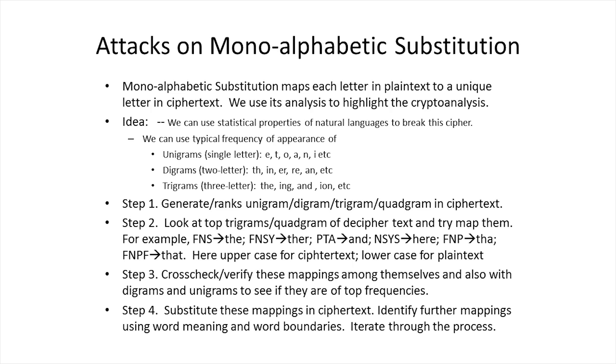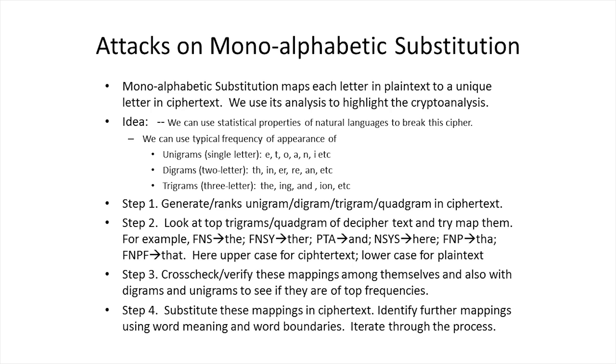For example, in English, the frequency of single letters, called unigrams, based on statistical analysis of vast literature shows the following characters appear most often: E followed by T, then O, A, N, I. Thus, E shows up most frequently in most articles.